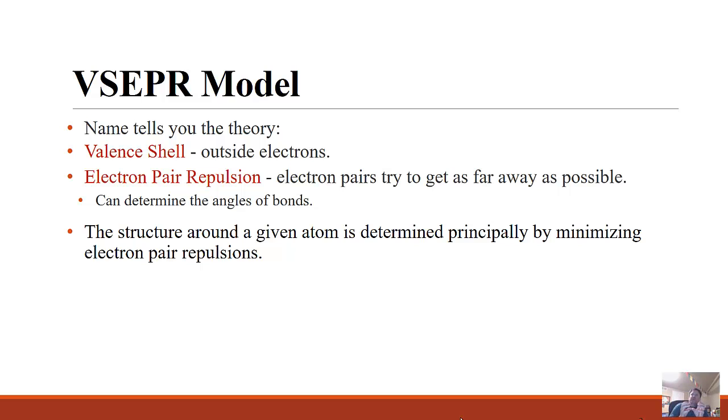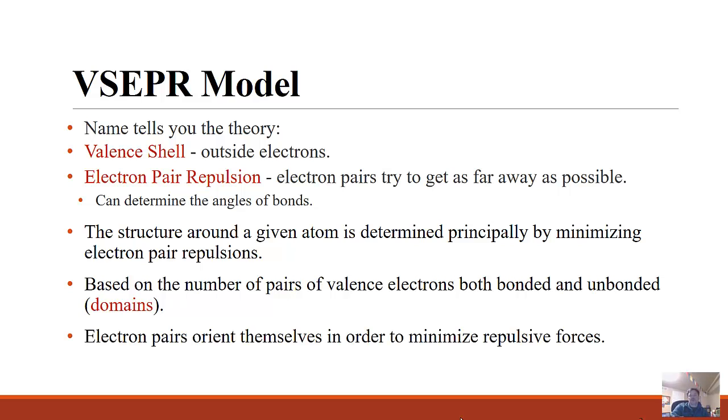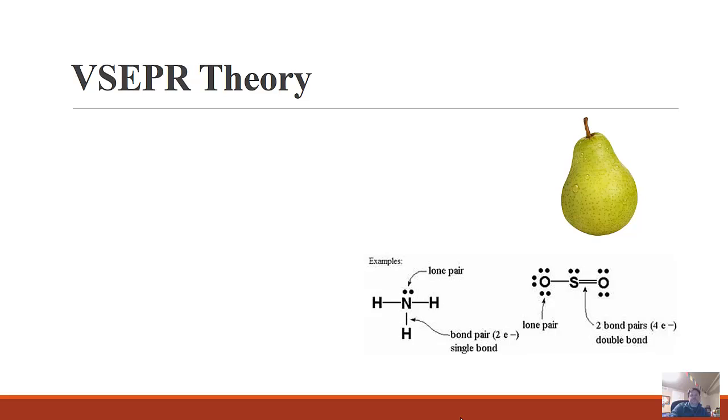What's the closest we can get them together and still get a shape is where that comes out of. It's based on the number of bonded pairs and the number of unbonded electrons. We call these domains around a given atom. The electron pairs want to orient themselves to minimize these repulsive forces. They want to get as far apart as they possibly can.